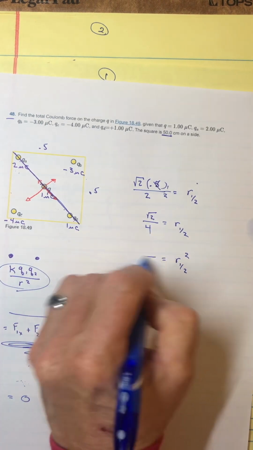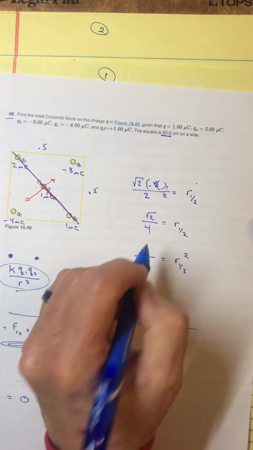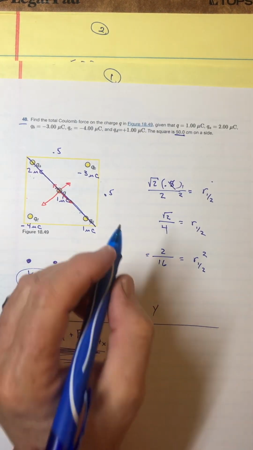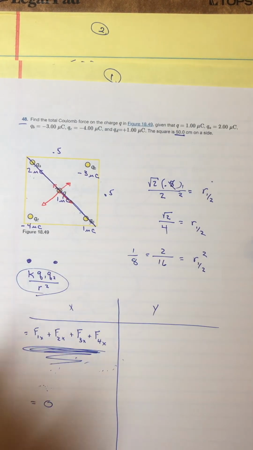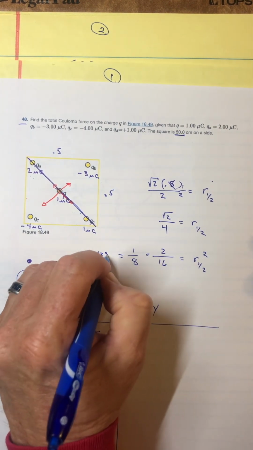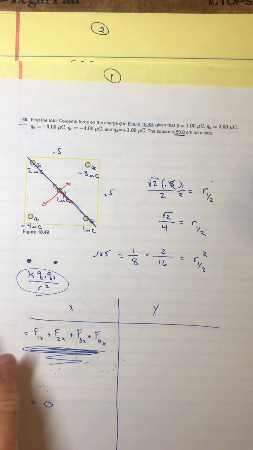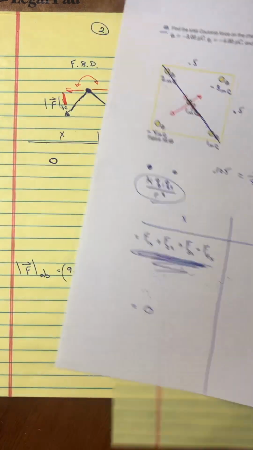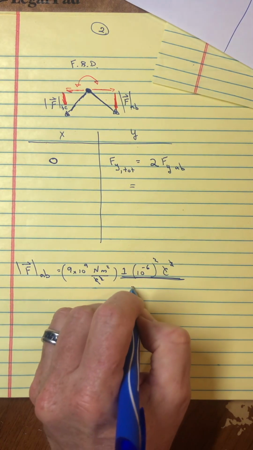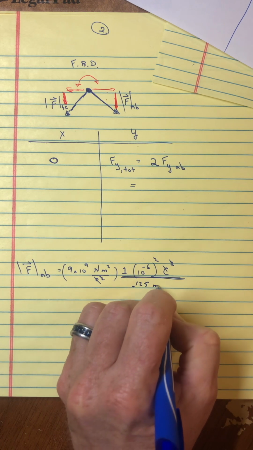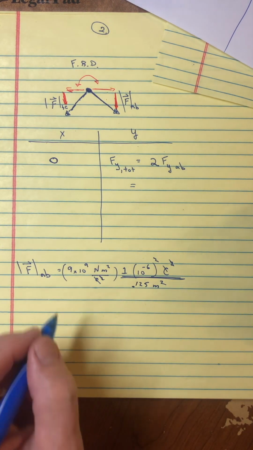So when I square this, the top just becomes a 2, and the bottom becomes a 16, and that reduces to 1/8 or 0.125 meters. So I'm going to take advantage of that in this calculation here, 0.125 square meters.